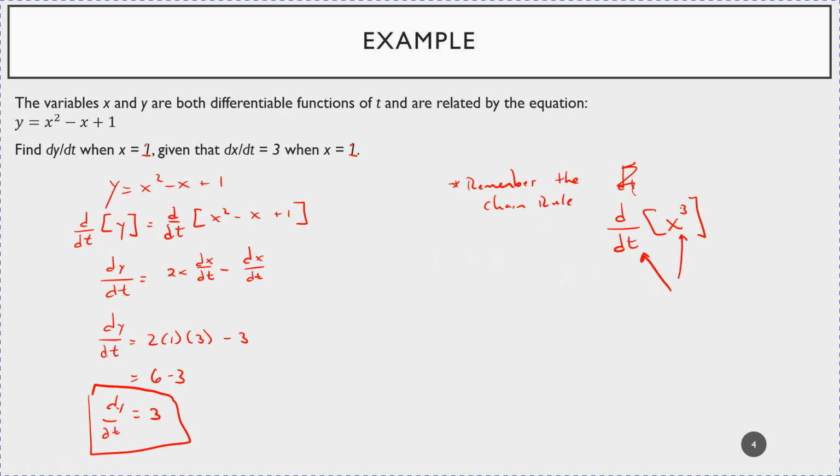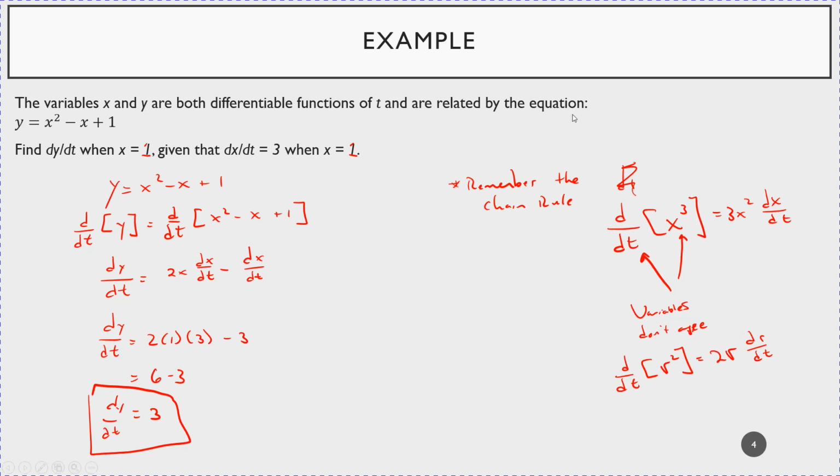So with respect to t, x cubed becomes 3x squared, and then you have dx/dt. Or, for example, if you have the derivative with respect to time of radius squared, like I did in the previous example, this is 2r, and then you need dr/dt by the chain rule. Okay?